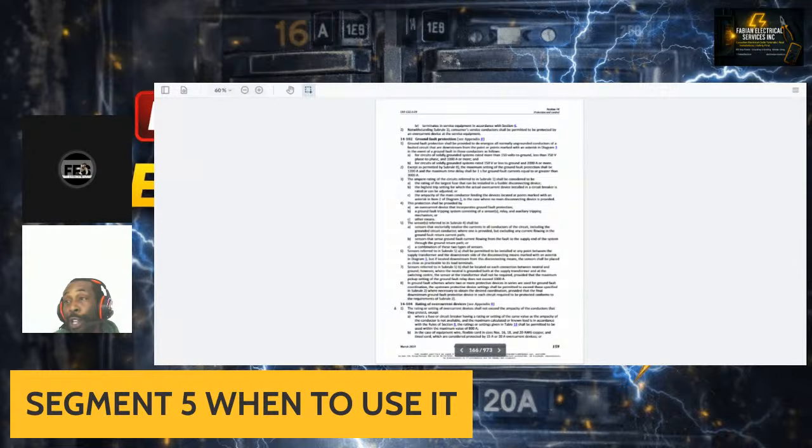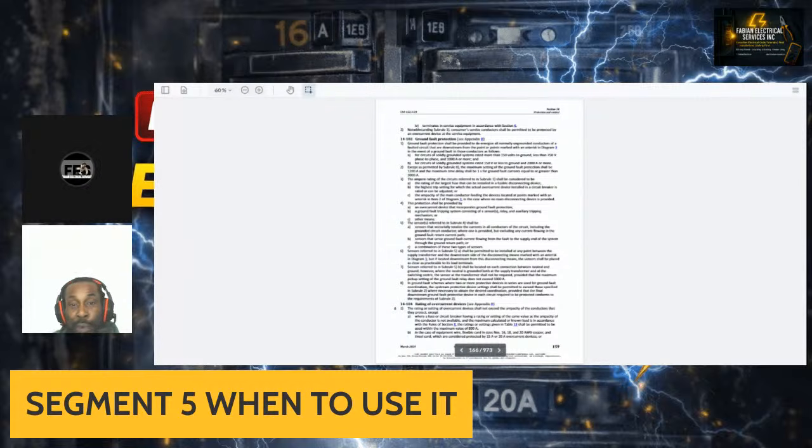It also goes on to tell you, again, this is 14-102, Subrule 3, A. The ampere rating of the circuit referred to in Subrule 1 shall be considered to be B. So Subrule 1, you have to read that subrule also in order to understand what you're doing here.